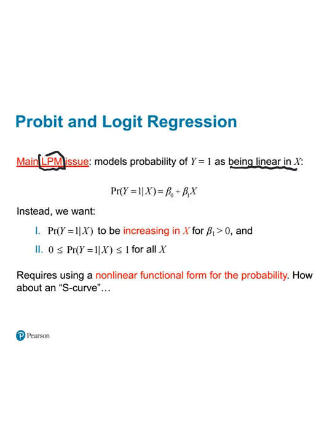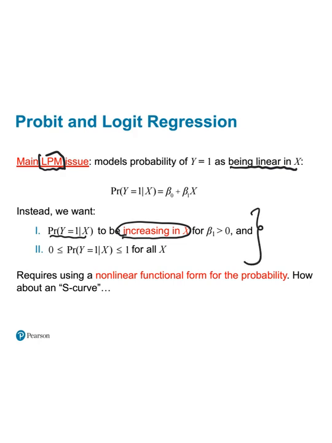This can't be true, right? Instead, we want the probability to be increasing in x, and we want the probabilities to be contained between 0 and 1. It can be 0, it can be 1, it just can't go lower than 0, and it definitely should not go greater than 1. So we want a slightly improved model that satisfies both of these conditions.